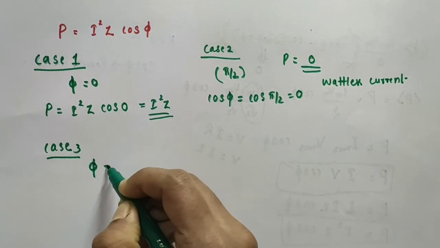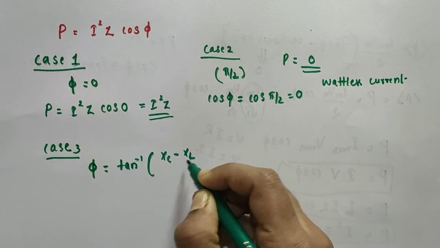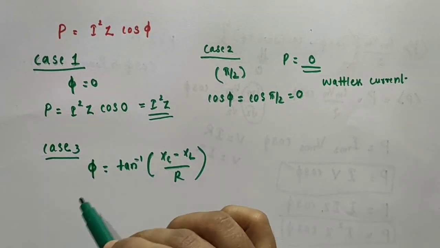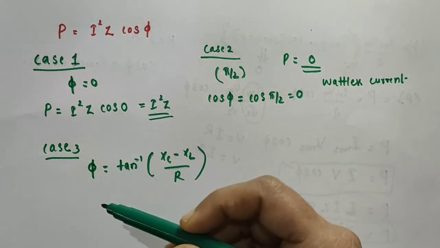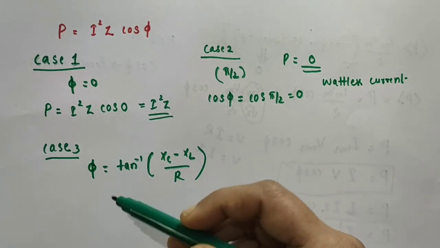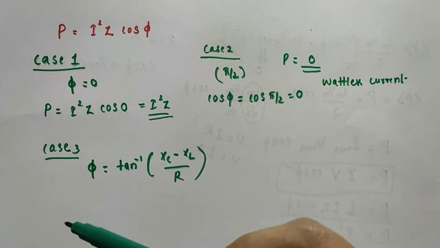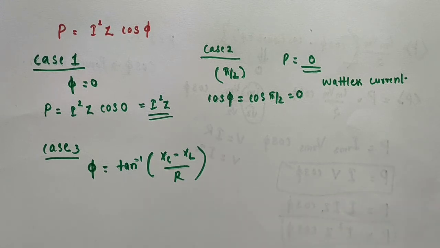And phi is tan inverse of (XC minus XL) divided by R. The value of phi may be non-zero in an RL circuit, RC circuit or LCR circuit. Phi is non-zero means there is some power dissipated in the circuit, but the power will be dissipated only in the resistor.